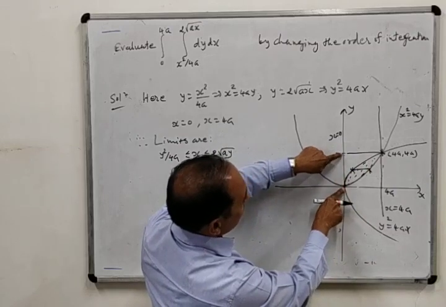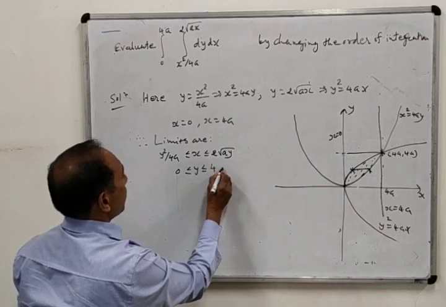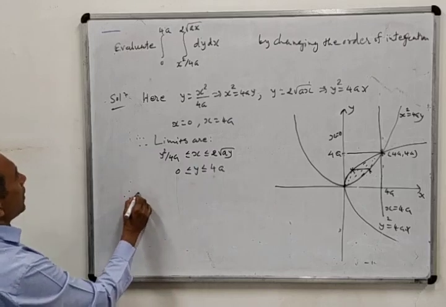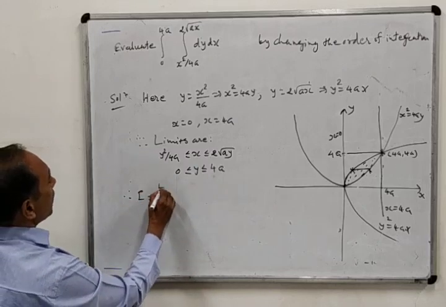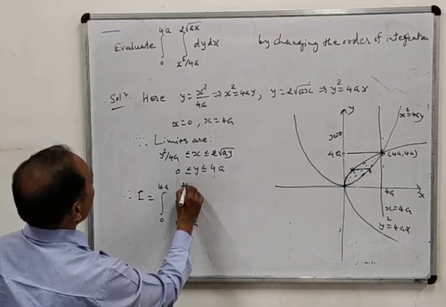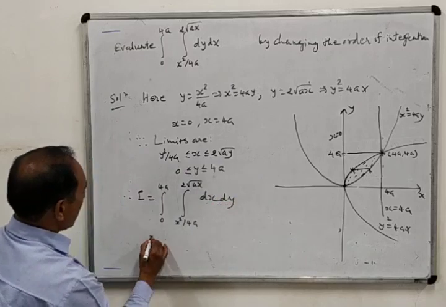So here y equal to 0 and here y equal to 4a, you can see. So 0 to 4a, this is the 4a point. Okay, and therefore our integration will now become 0 to 4a, x square upon 4a to 2 root ax dx dy.